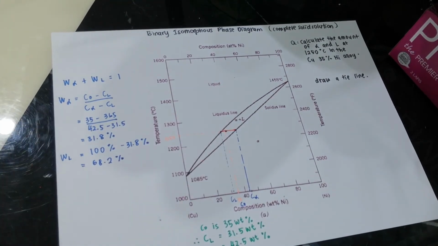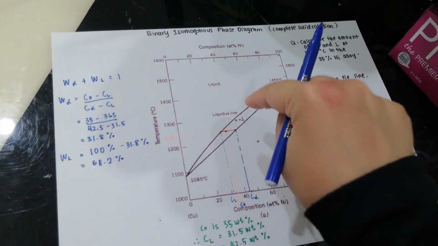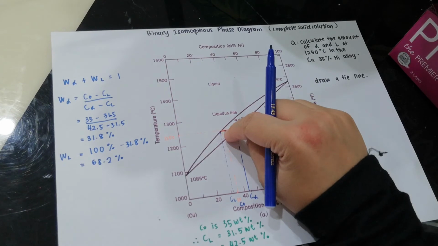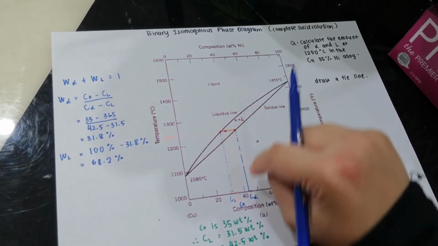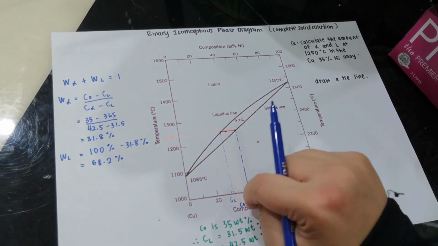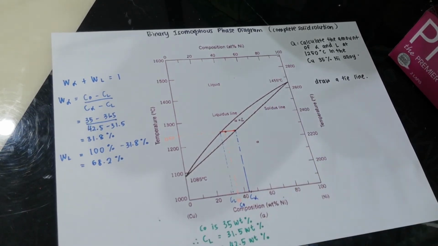So how much solid is present at this point of interest? It is 31.8% solid and 68.2% liquid at the composition of 35 weight% of nickel in copper nickel alloy. All right.